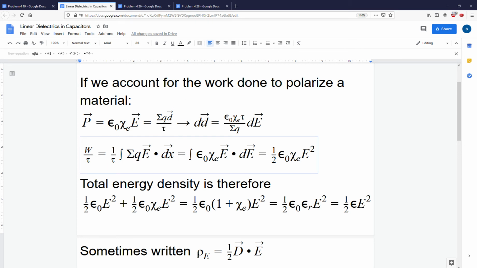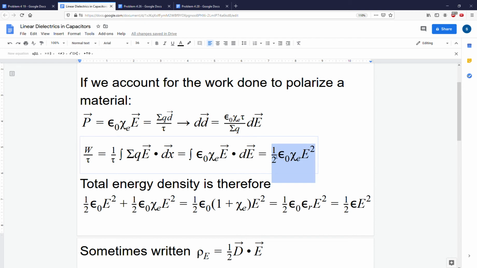Now I'm going to use the dd of this equation, and I'm going to put that into dx here. And that gives this equation right here. And so E times dE, that is 1/2 E squared. And the rest of these are constants.